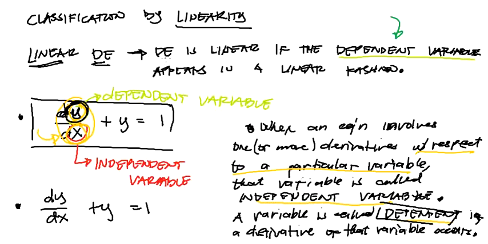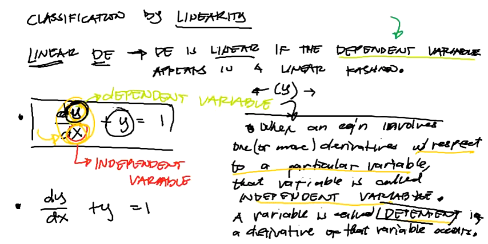So the said differential equation is linear if the dependent variable, which in this case by definition is y, appears in a linear fashion. So all of our dependent variables here, either this variable y and its derivative, must be in linear form in order for us to consider the whole equation linear.